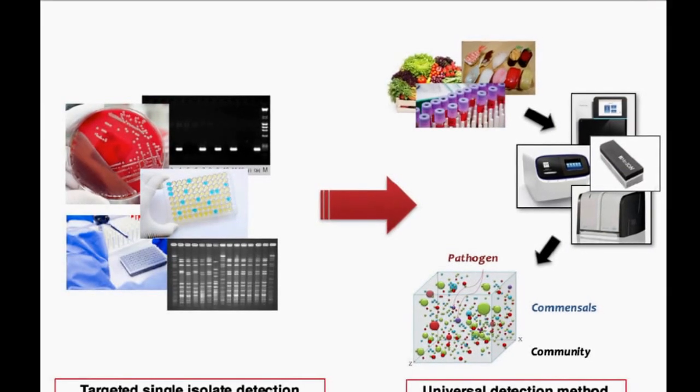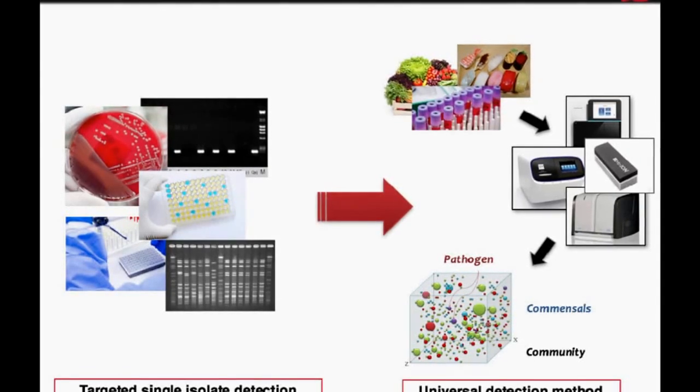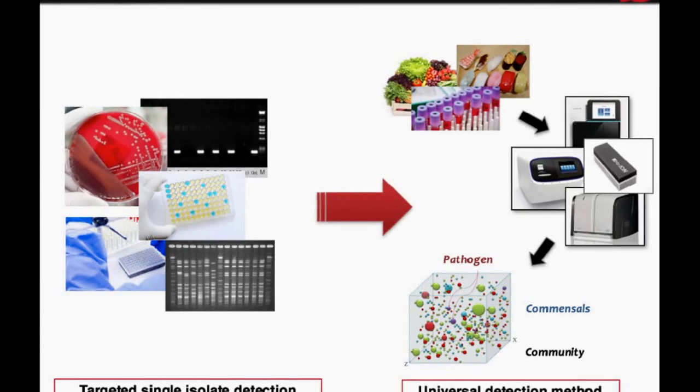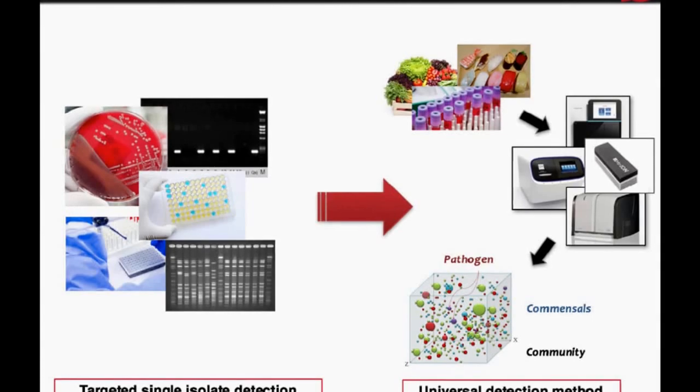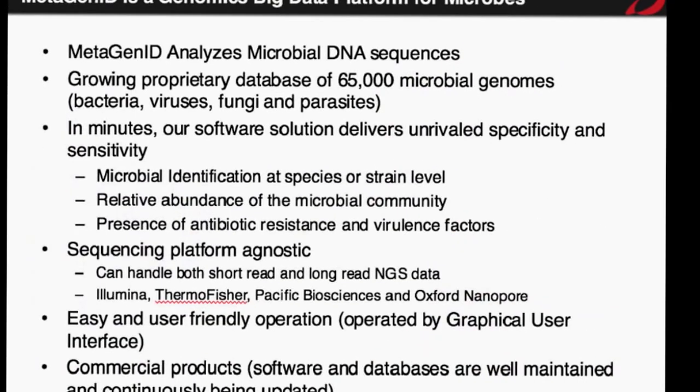On the left-hand side of the slide, these are all culture-based, targeted, single isolate detection, and we go to the universal detection of metagenomics, using algorithms that are really powerful and rapid.